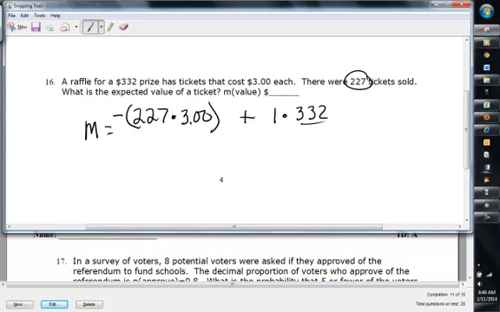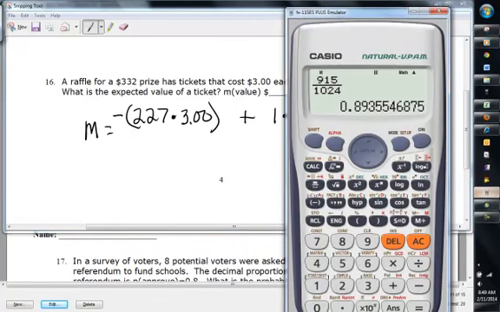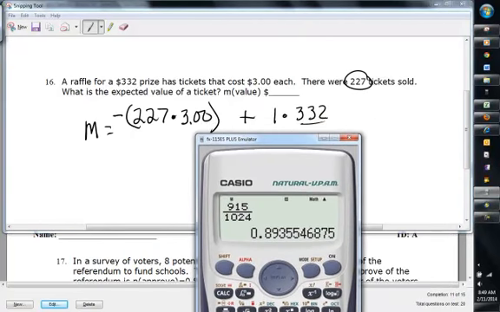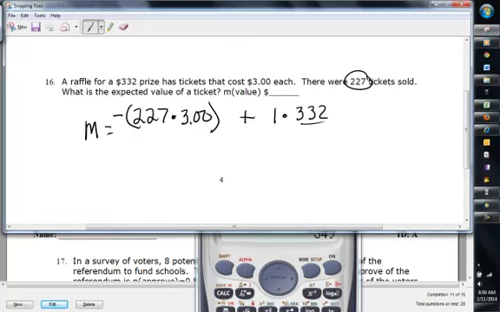So on our calculator, 1 times 332 subtract 227 times 3, we get negative $49, divided by the 227 people.